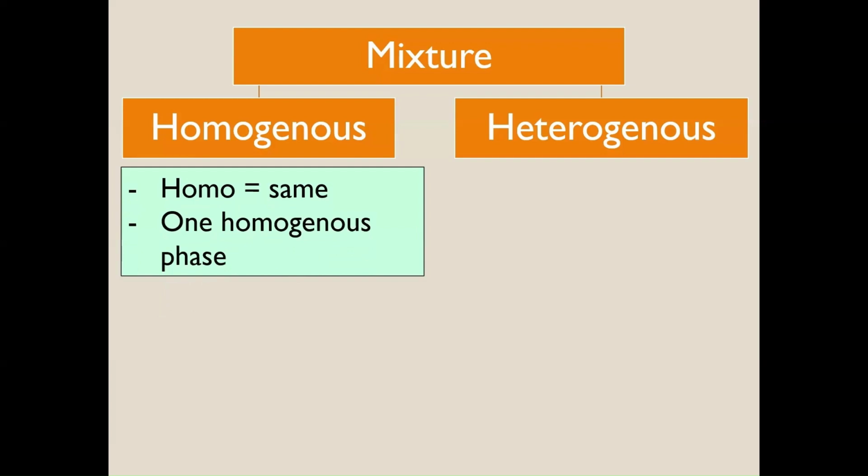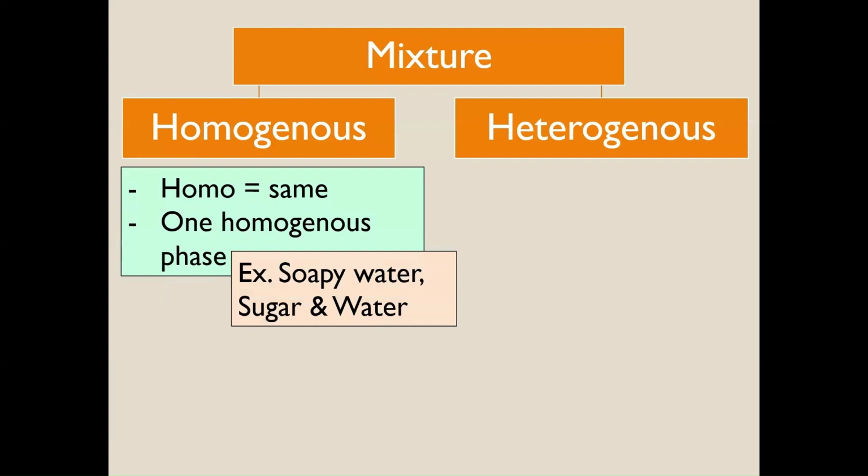When you mix them together, after mixing, we can't differentiate the components of that mixture by eye or even under a microscope. Like soapy water, sugar and water, salt and water. Once we mix sugar and water, we can't differentiate the sugar from the water. They will be dissolved and form a homogeneous mixture.